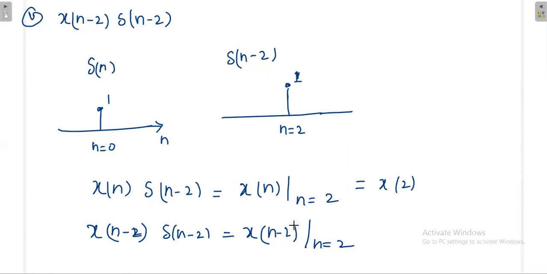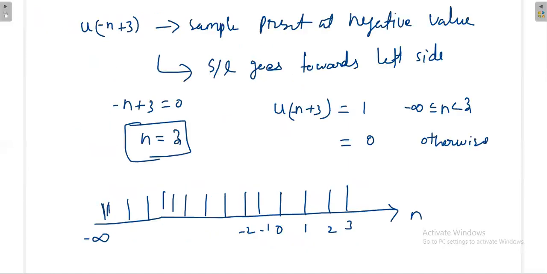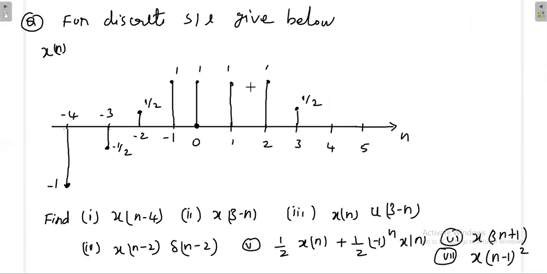Again, if you see the original signal, this is the original signal. If you shift it by 2, whatever value is present here will come here. Once you observe the value at this point, you will get this value only, because it is shifted by 2 units.